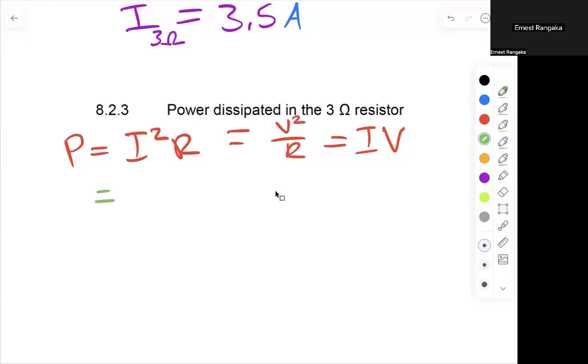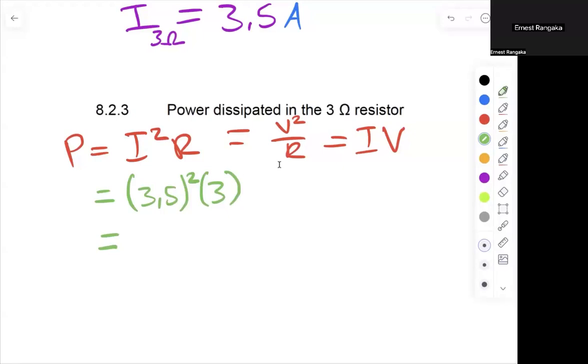The current we calculated in the 3 ohm resistor was 3.5 amps. That's going to give me 3.5 squared times the resistance, which is given as 3 ohms. You can plug that into your calculator to solve for the power that's dissipated. Masejo's got it there.